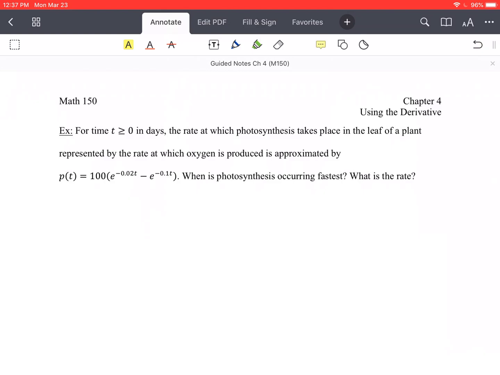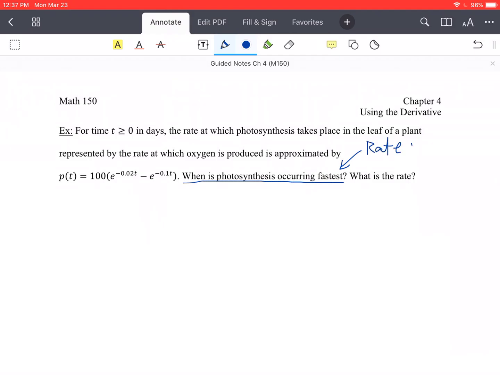So we're looking to determine when is photosynthesis occurring fastest. When we say fastest, that's an important thing to note. We're looking for the moment in time, the value of t, where the rate of photosynthesis is maximized.